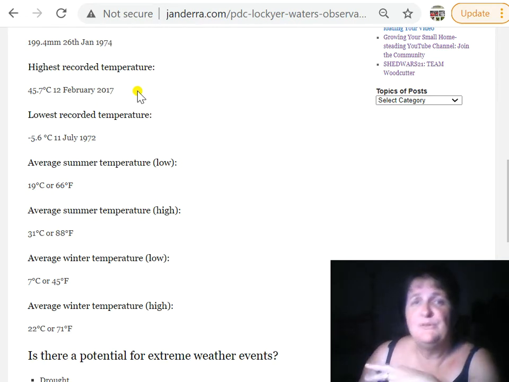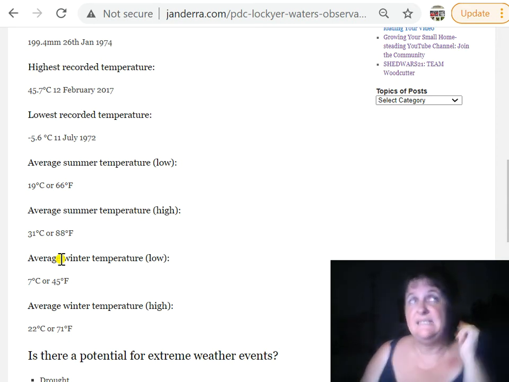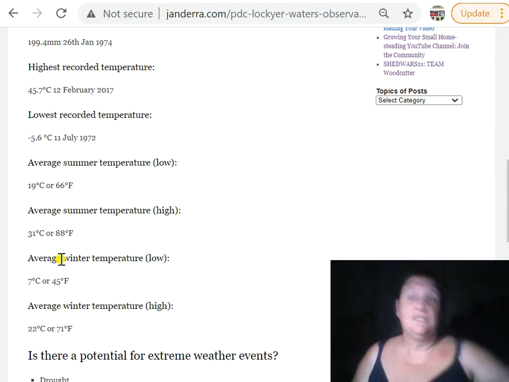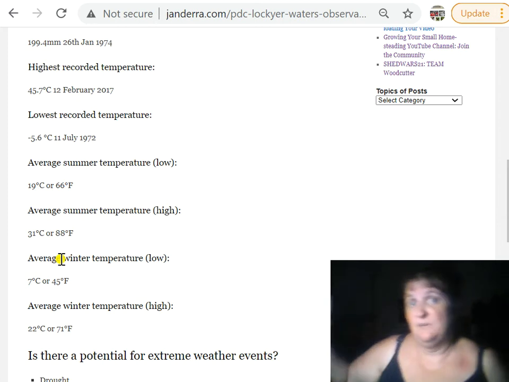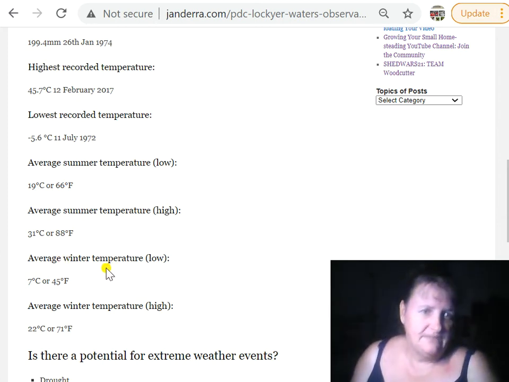A lot of locals have told me that it actually gets up to 48 degrees here in Lockyer Valley, because these figures are actually from either Atkinson's Dam, which is 66 kilometres to the north, or Gatton, which is 12 kilometres to the south. So we're a little bit different here, but these are just going to give me a bit of an idea.